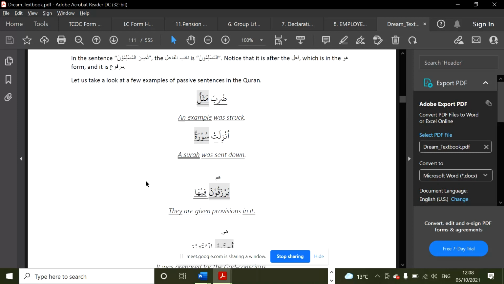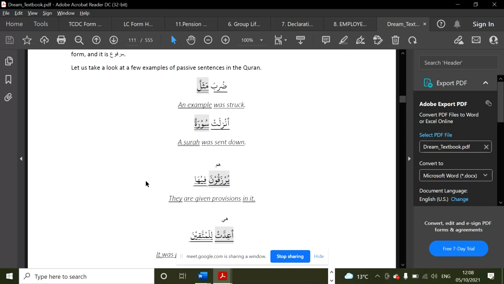Please keep reading the examples. Let us take a look at a few examples of passive sentences in the Quran. Duriba masalun.